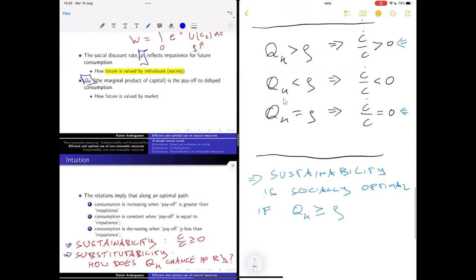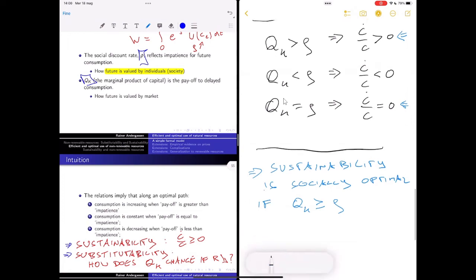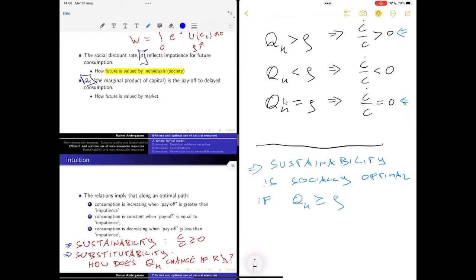Now, the problem here is that the marginal product of capital depends not only on capital, but also on the resource that is harvested, the resource that is extracted and used in the production process.